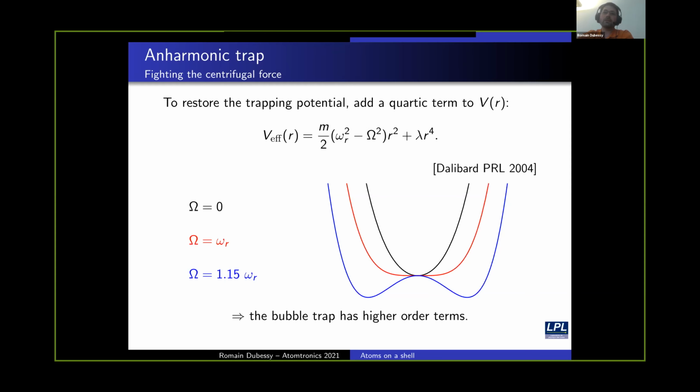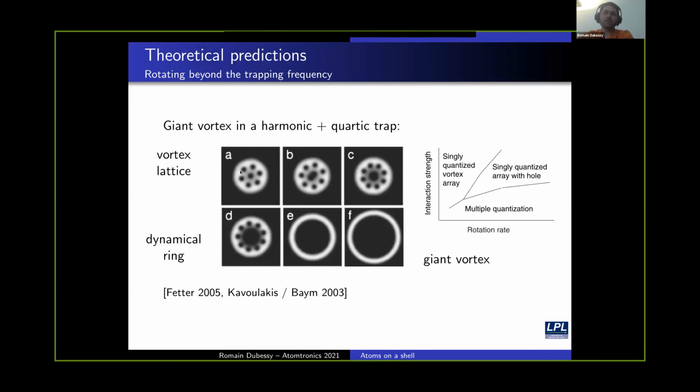And these kind of harmonic plus quartic potentials are also interesting because now if you study what the ground state is as a function of the rotation, you find that starting from a regular vortex lattice, as the rotation increases, some vortices will merge in the center and a hole will start to appear, eventually leading to what is called the giant vortex state, when all the vortices have entered this central hole.